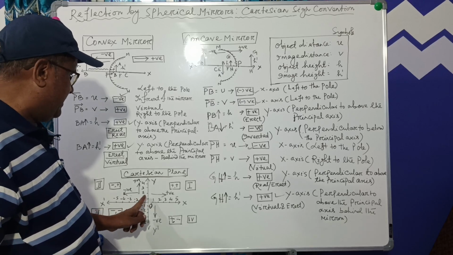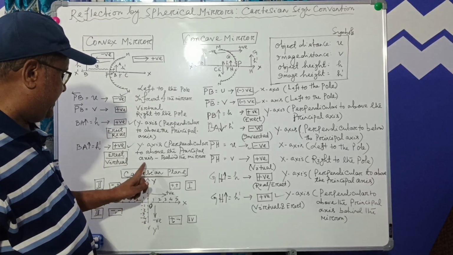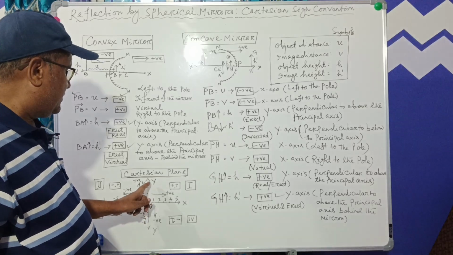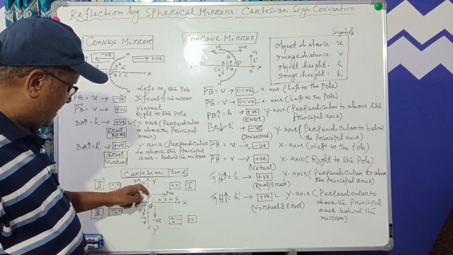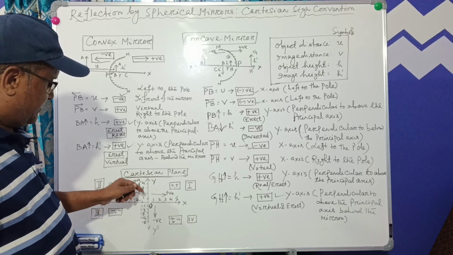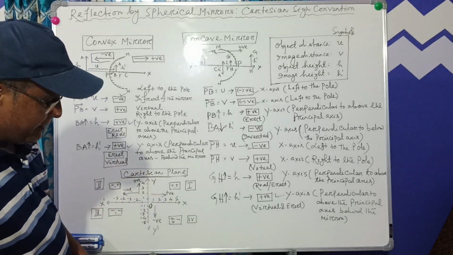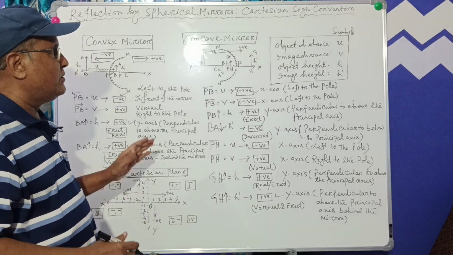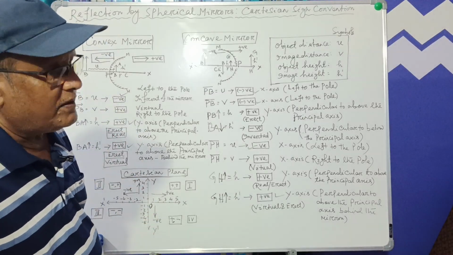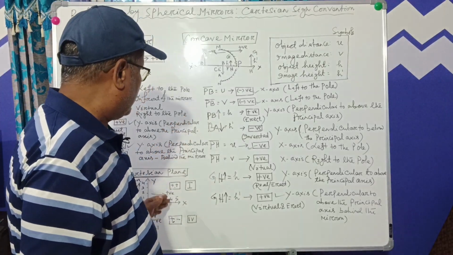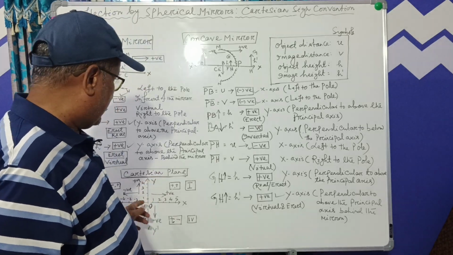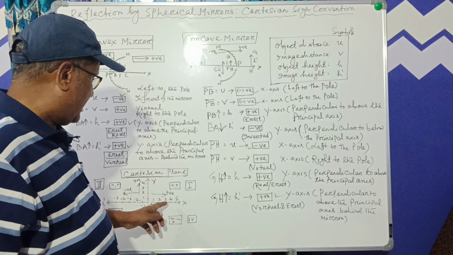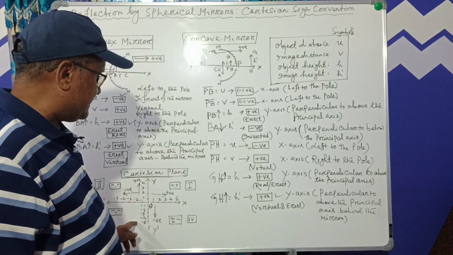Upward from the origin, the positive values, is called the y ordinate, and downward, perpendicular to and below the principal axis on the y-axis, is negative. I hope you have understood the Cartesian plane and the different signs of the x-axis and y-axis.